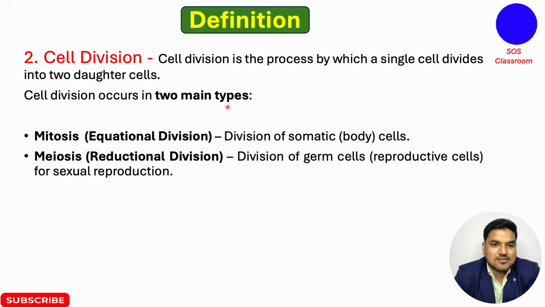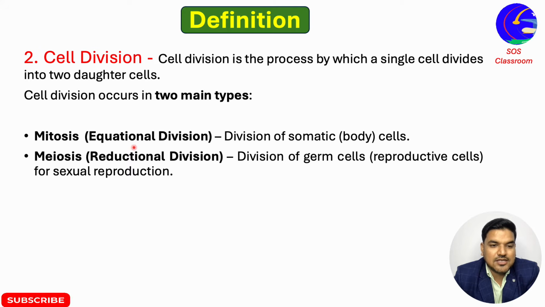So cell division occurs in two types, mitosis and meiosis. Mitosis is also called equational division and meiosis is called reductional division. Equational division means mitosis occurs from one cell and divides into two identical daughter cells, just a copy.